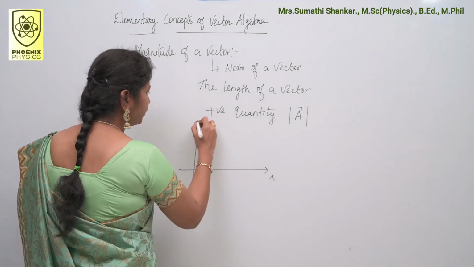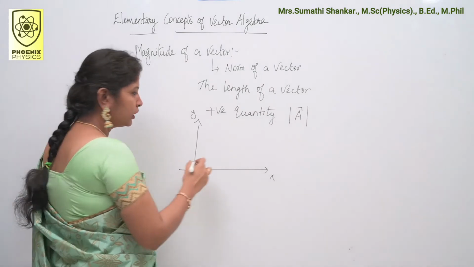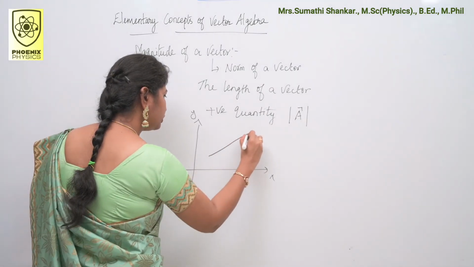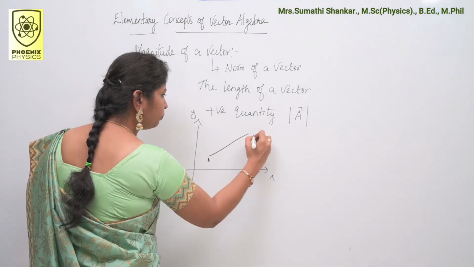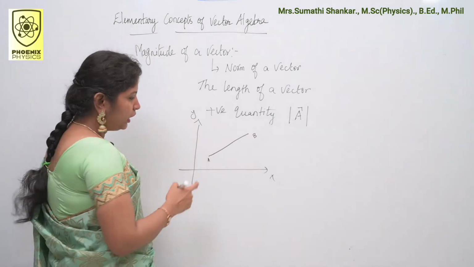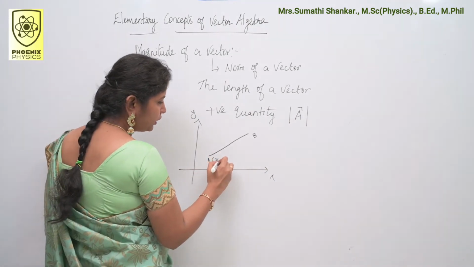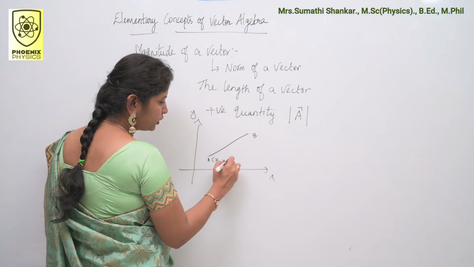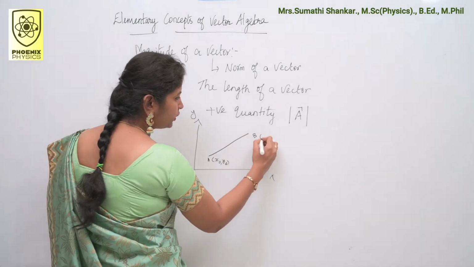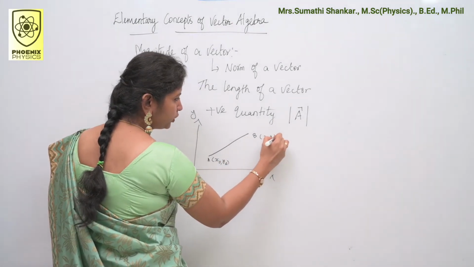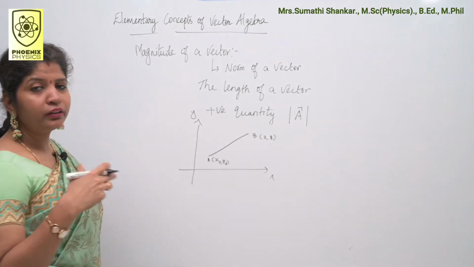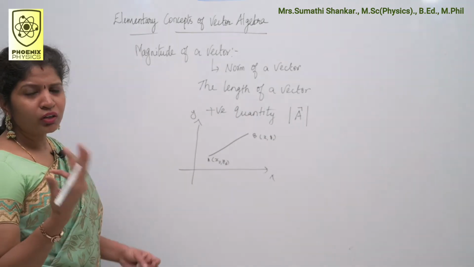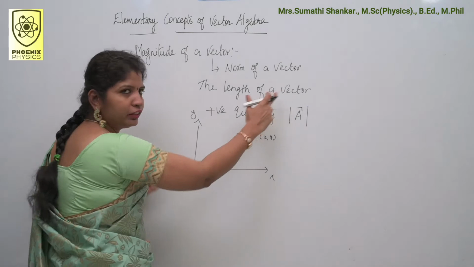Consider this is my xy plane. I am going to find the distance between the two points A and B, where A has the coordinates x0, y0 and B has the coordinates x1, y1. How do you calculate the magnitude? What is magnitude? It is nothing but the length of a vector.